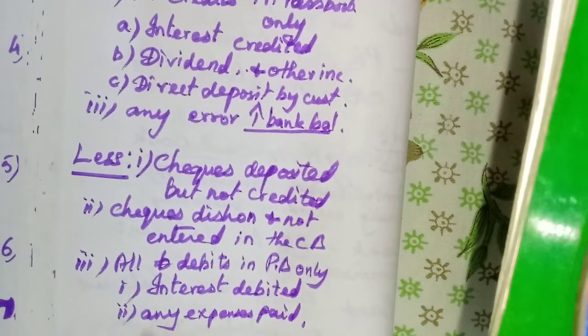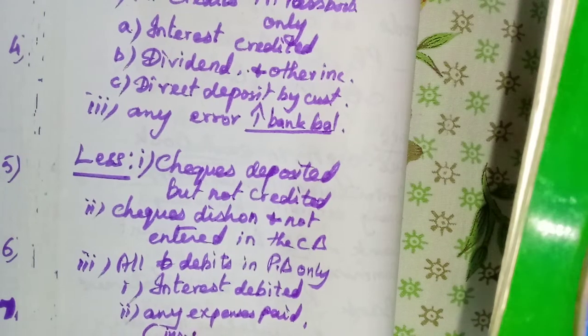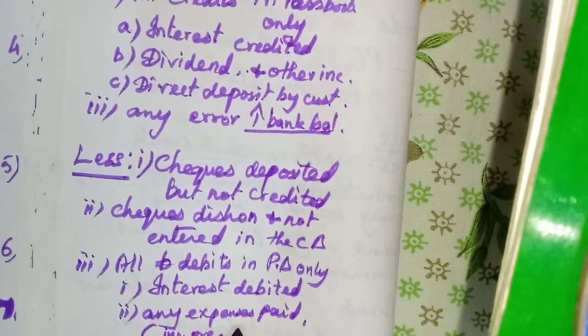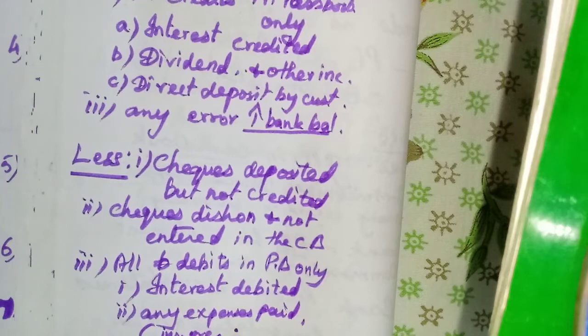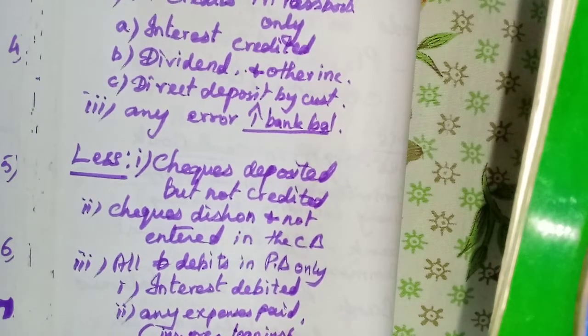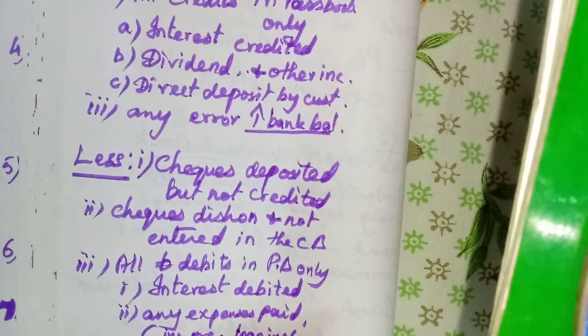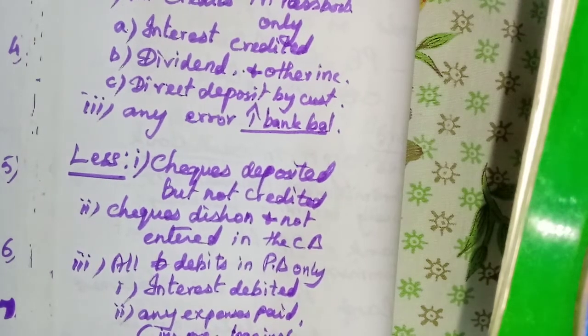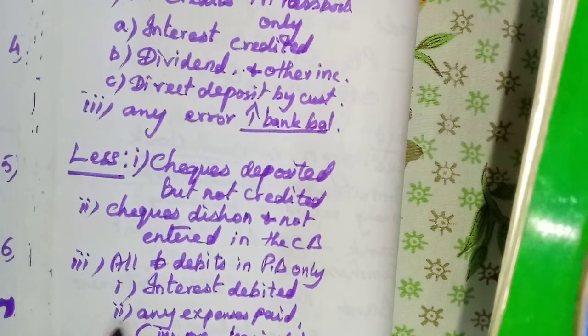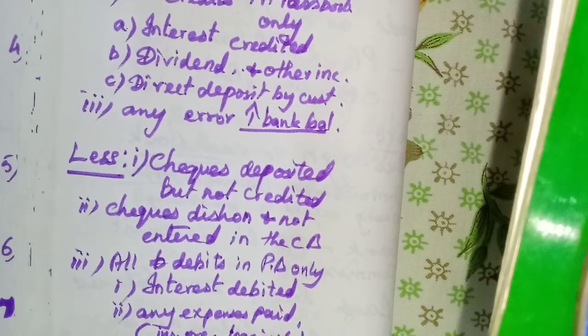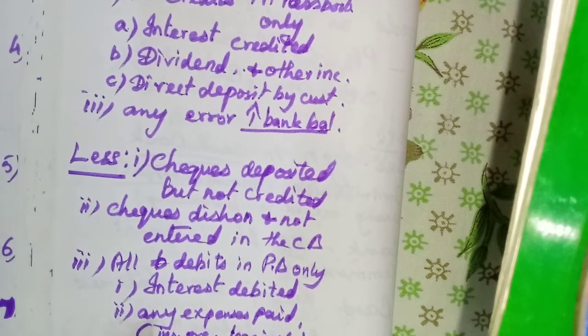What are the expenses? Maybe insurance premium or any loan installment, or any other bill, either electricity bill or phone bill. If the bank has paid any expenses directly, that may not be entered in the cash book.